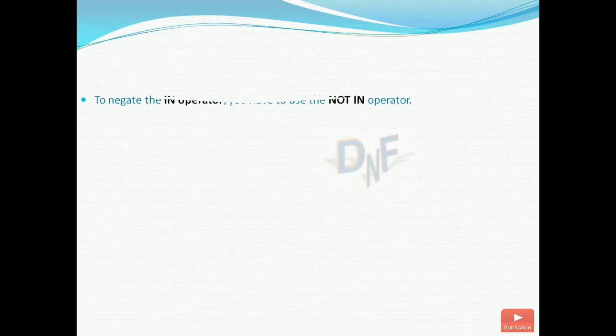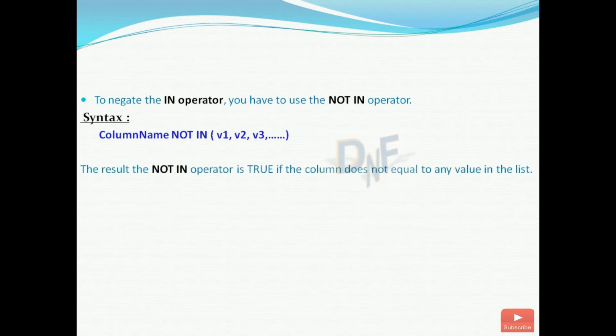To negate the IN operator, we just use the NOT IN operator. Syntax is similar, just a column name or expression. We write NOT IN to negate the IN operator, and in a similar way we can put multiple values. So the NOT IN operator is basically true if the column is not equal to any value in the list.